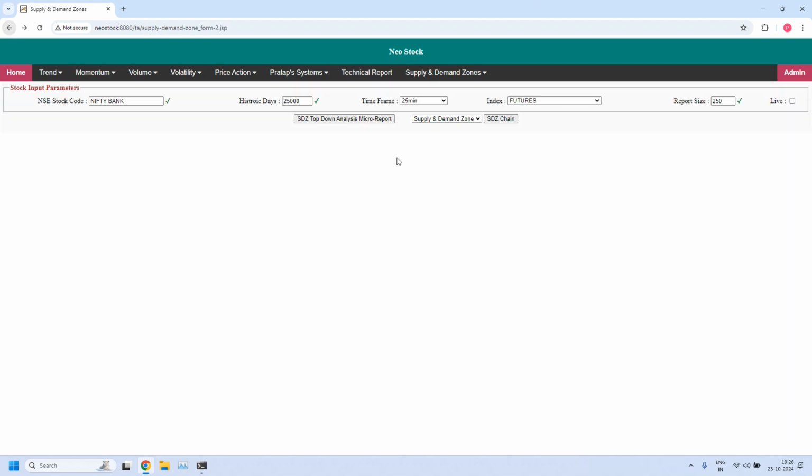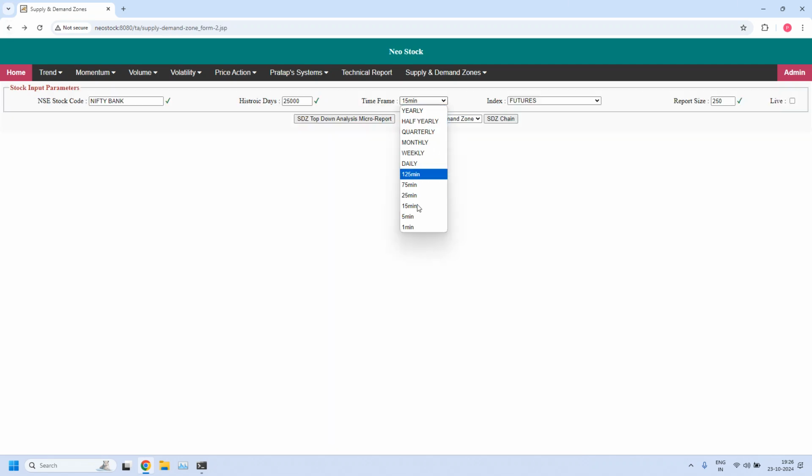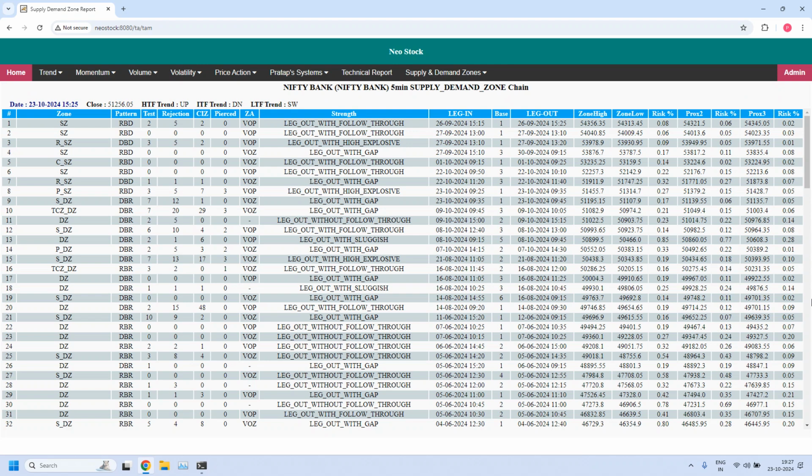Next time frame is 15 minutes, generating 15 minute supply demand zone chain for BANKNIFTY. And the last time frame is 5 minutes, generating 5 minute supply demand zone chain for BANKNIFTY. So we have completed BANKNIFTY supply demand zone chain.